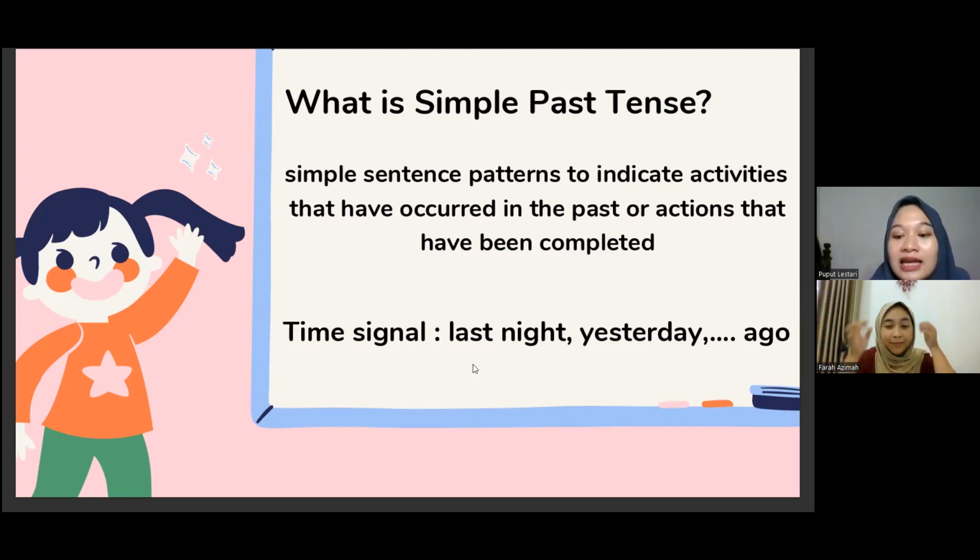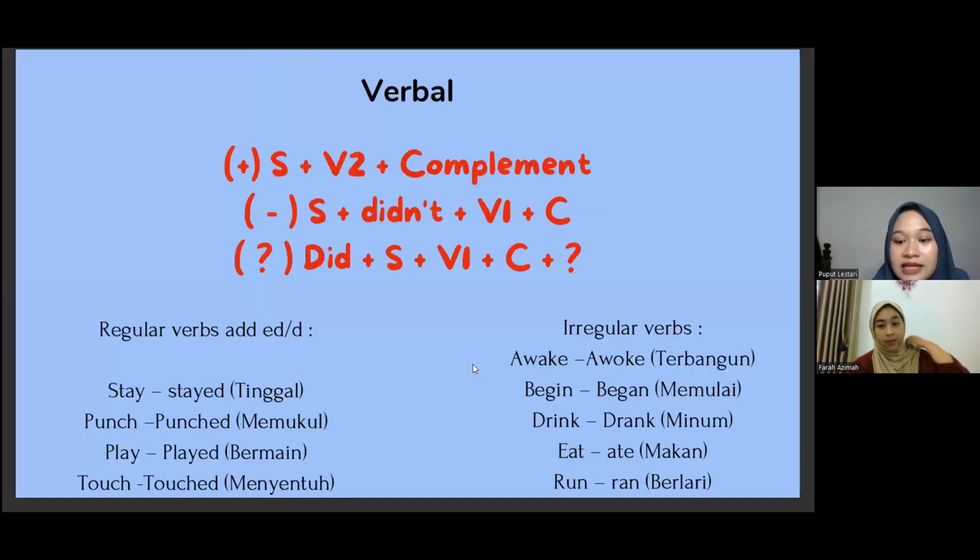Okay. Let's discuss the verbal first. The sentence formula: if it is an affirmative sentence, then subject plus verb 2 plus complement. And then the negative sentence is subject plus didn't plus verb 1 plus complement. So if it's negative, verb 2 becomes verb 1.